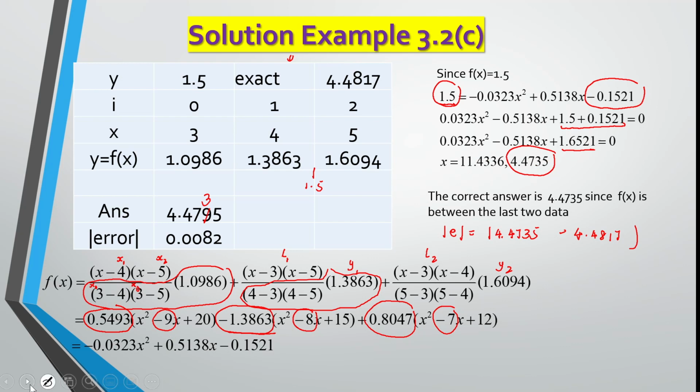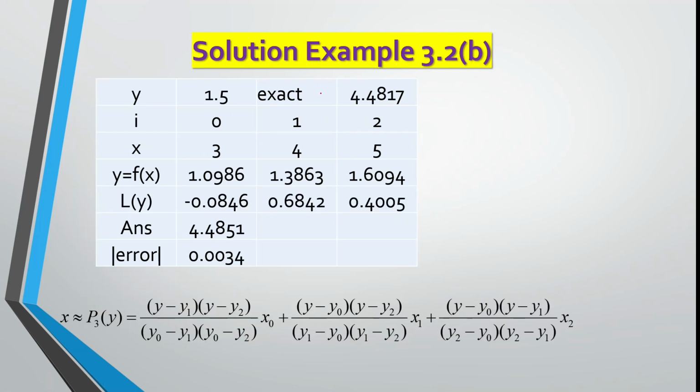Okay, and this is question C. From the interpolation formula, you obtain a quadratic equation, then plug in your f(x) value. Then you get quadratic roots from there, and you have to choose the correct one. With the inverse interpolation formula, it's like your interpolation but x becomes y and y becomes x.